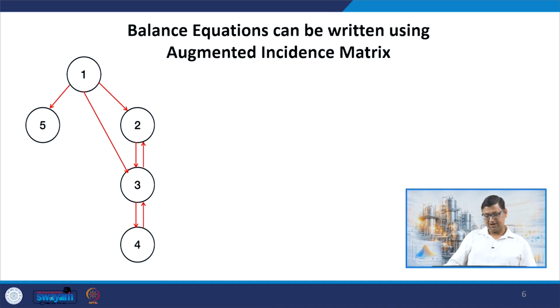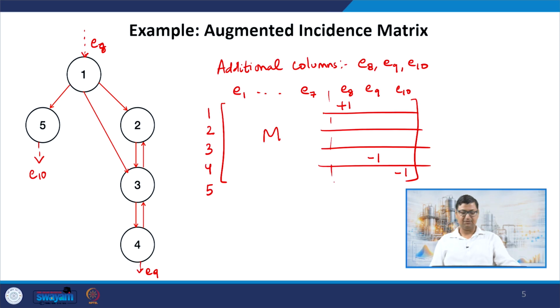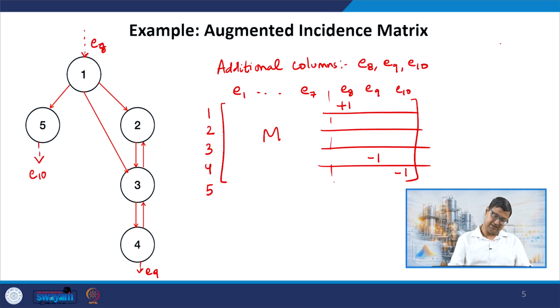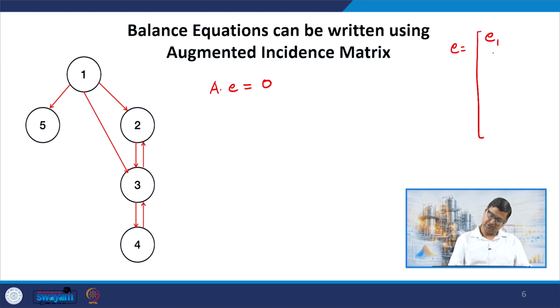Okay. I have already said that we can write the balance equation using the augmented incidence matrix, but let me put the balance equations for this particular case. So we have A dot E is equal to 0, and E in this case is basically what we have defined from E1 until E10. So A dot E, let us see what it gives me.